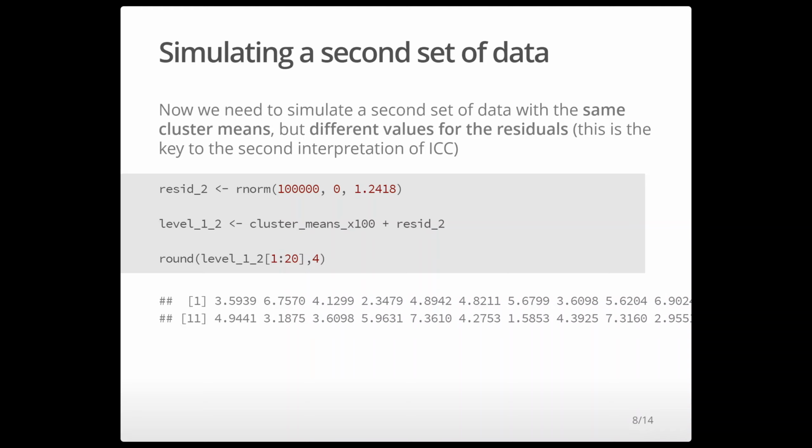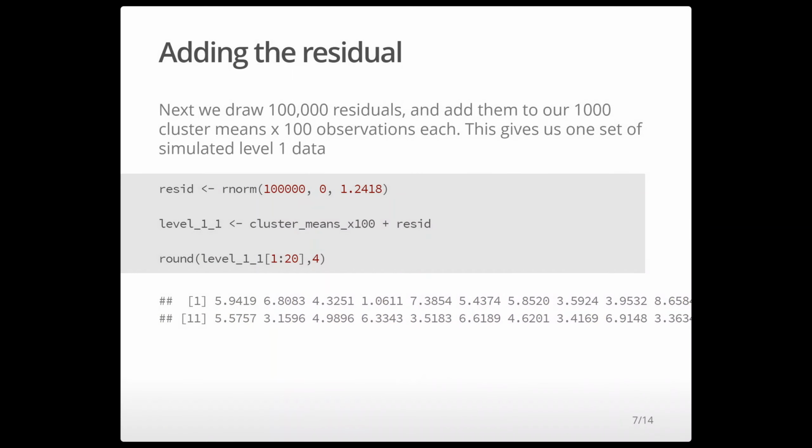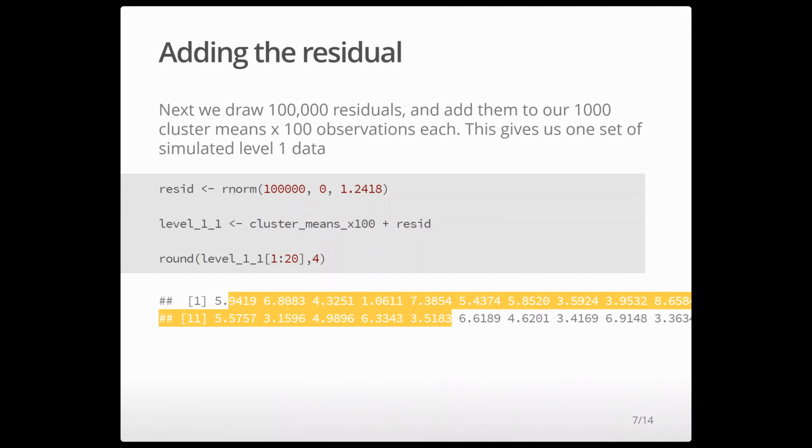I use my same cluster means, but I draw a totally new set of random residual values that match the same residual distribution I drew before, in that it's 100,000 random draws with mean of 0 and standard deviation of 1.24. But again, these are new random draws, so they're going to be different values. I check again, and we see these are different values than what we had before. If you look before, you see they're not the same numbers.